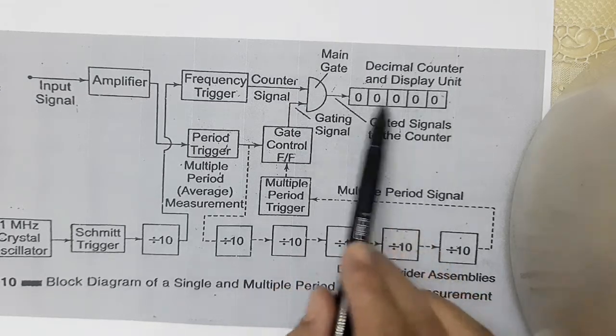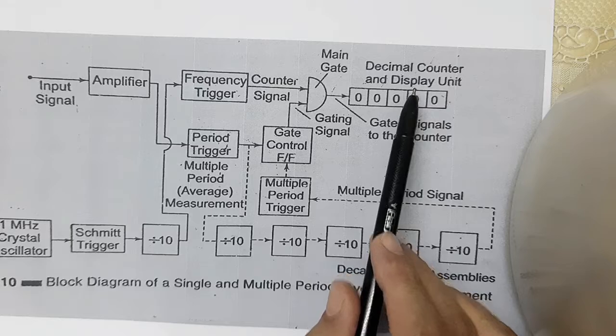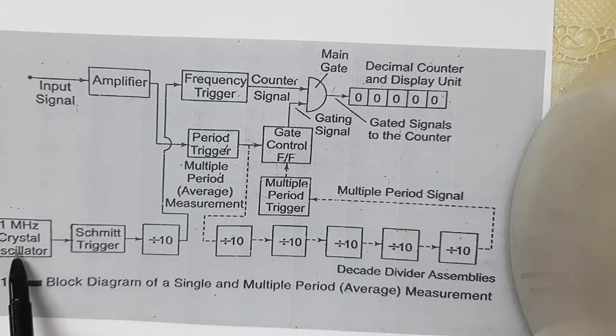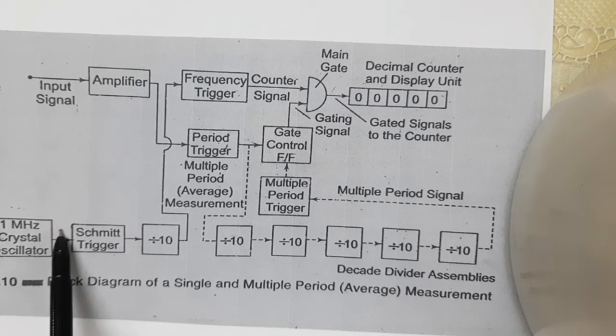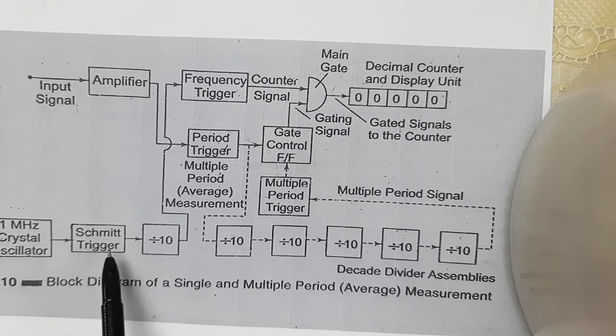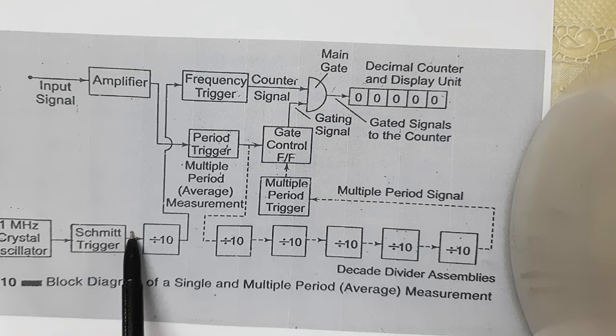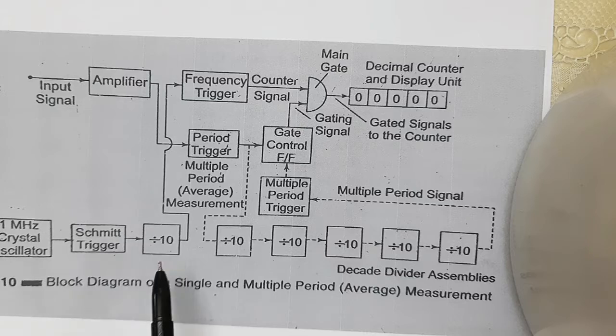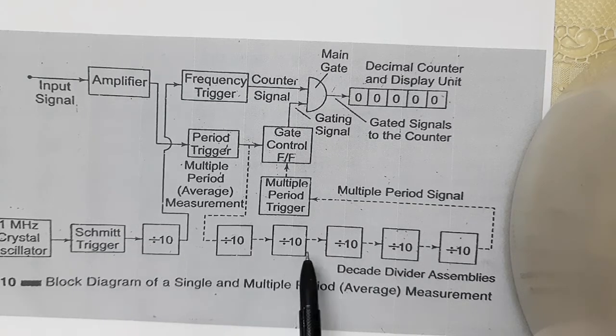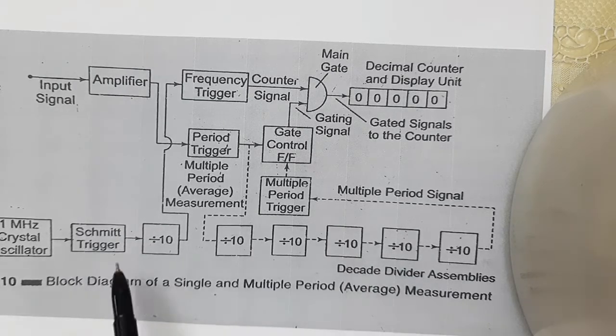This is our display. Again, we know that this is our time-base selector, crystal oscillator, Schmitt trigger. The crystal oscillator output is a sine wave. With the help of the Schmitt trigger, it is converted into a train of pulses, and this is our decade divider assembly, divided by 10, divided by 10, divided by 10, like this.